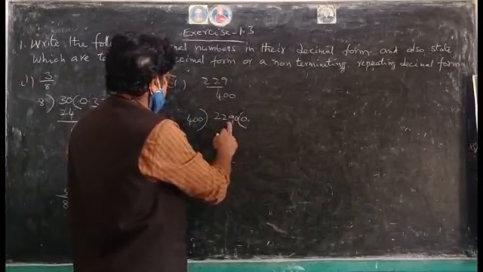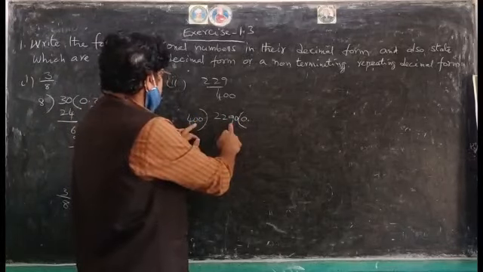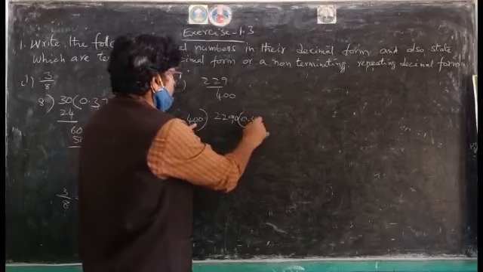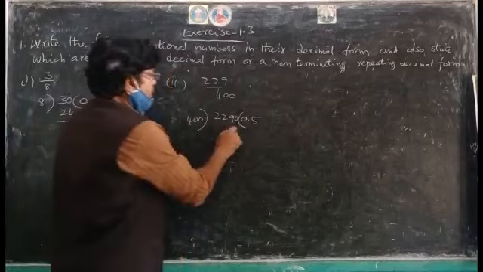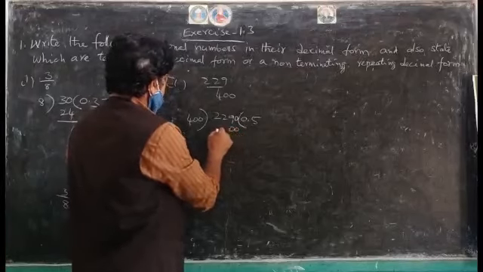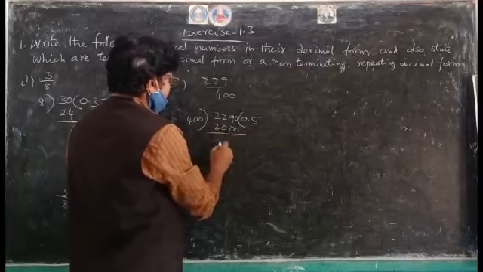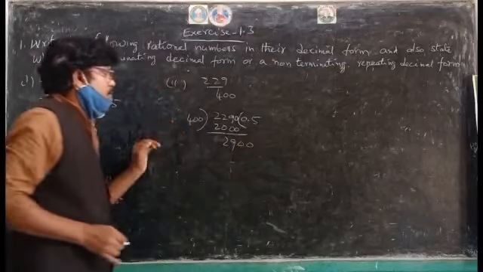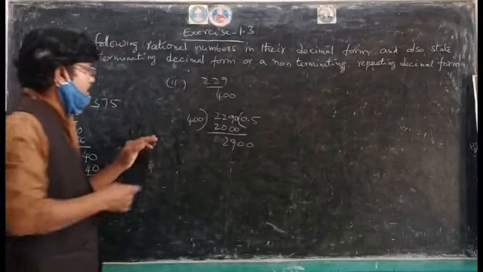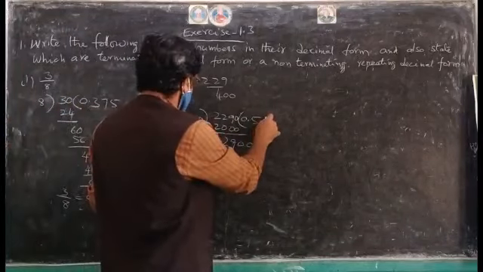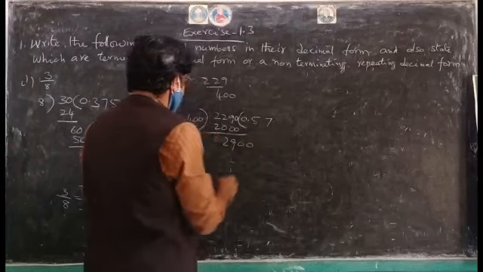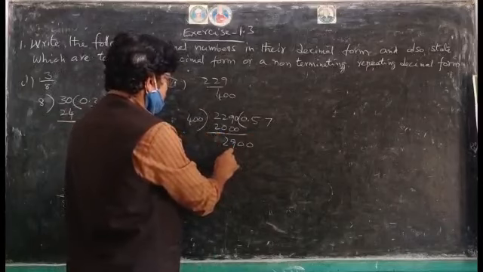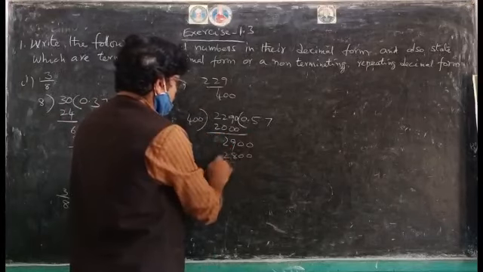How many times? 5 times. 5 fours are 20. 290. Second, put 0. 2900. How many times? 7 times. 7 fours are 28. 100.